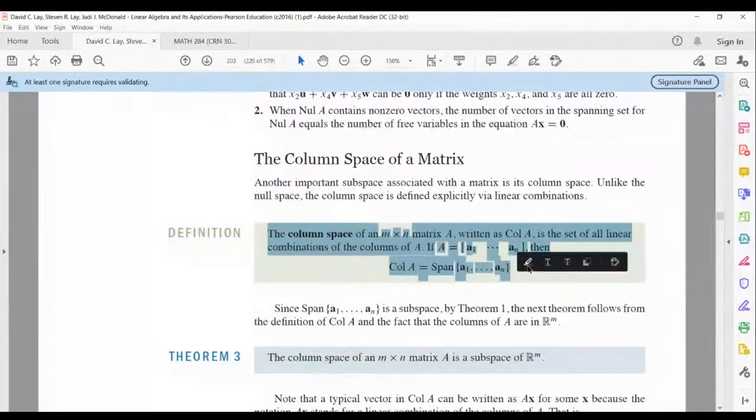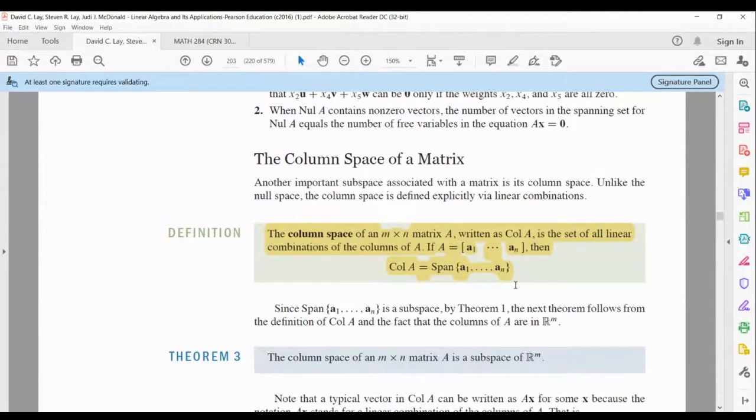Now a column space, again, if you have a matrix A, the column space of A, called COL of A, is simply the span of the column vectors of the matrix A. That's how the column space of A is defined.